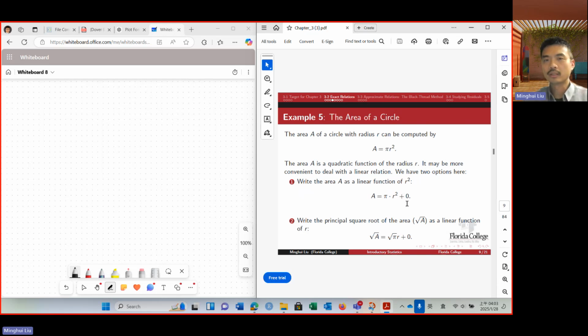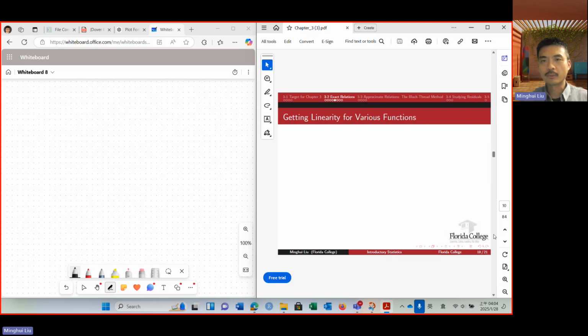Or alternatively, you can also take the square root of both sides of the equation and get the square root of A equals the square root of pi times r plus 0. So now this root A becomes a new variable. It is a linear function of the small r. Either way works, and we can produce different straight lines after using this change of variable.